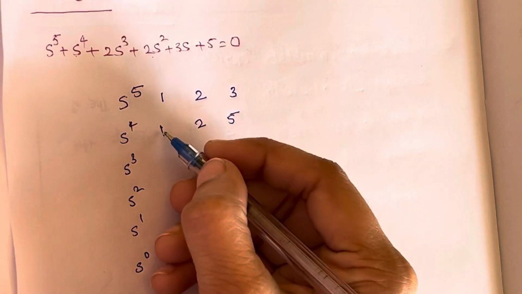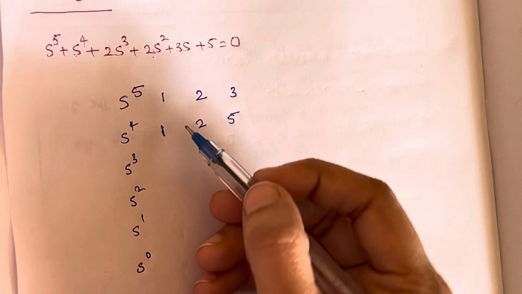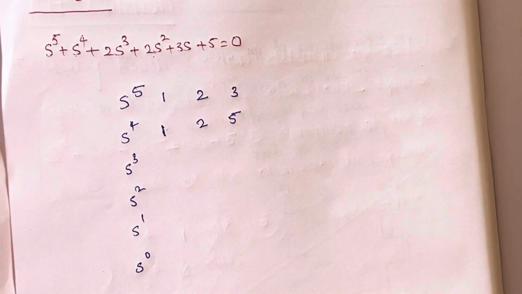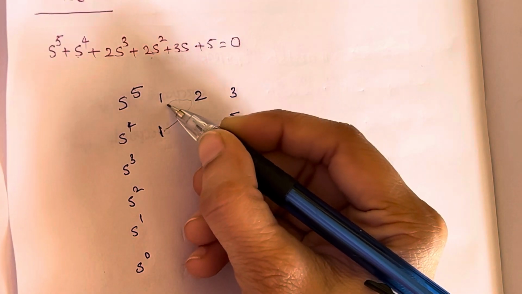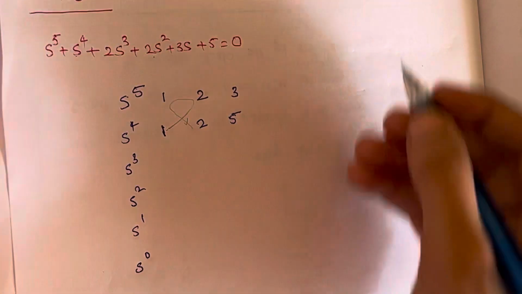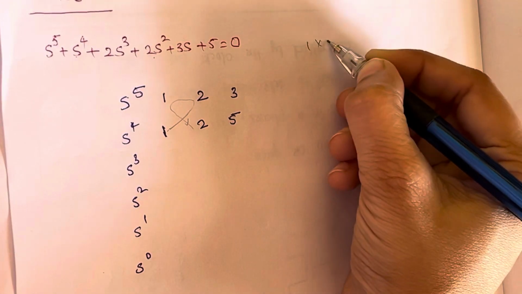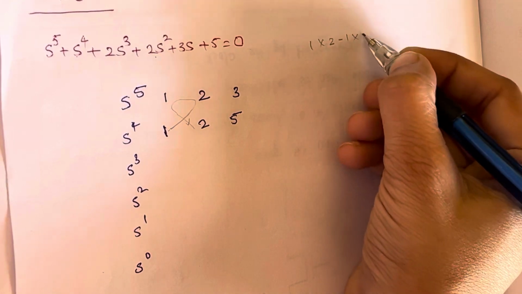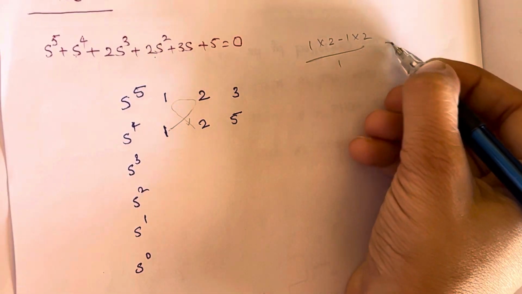Now do the same procedure that I have told you earlier. 1 into 2 minus 1 into 2 by 1. What we get? 1 into 2 minus 1 into 2 by 1. We get 0.